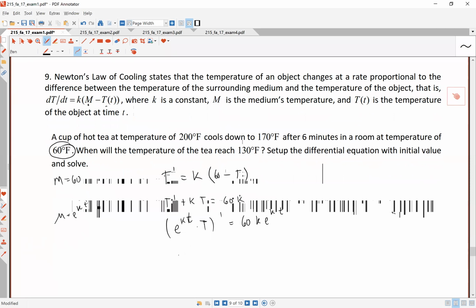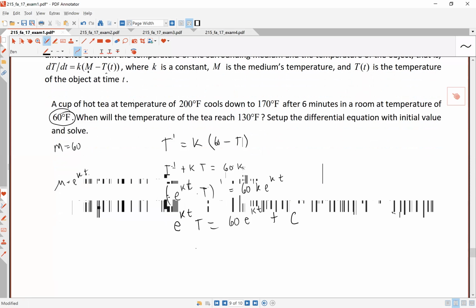Now we integrate. Left side is e to the kt times T. e to the kt divided by k gives us 60 e to the kt plus some kind of constant C. So we see the temperature of the cup of coffee is 60 plus C e to the negative kt.